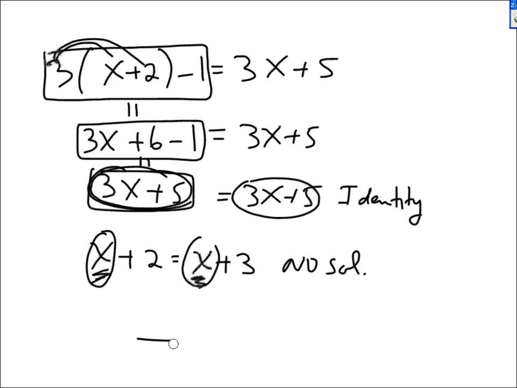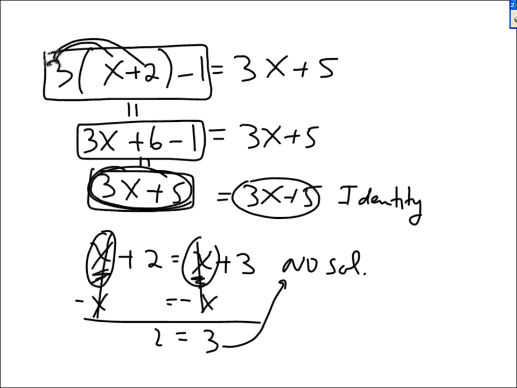If you try to perform some legal algebra on this equation, you're going to get an absurdity. You won't get 9 equals 9, you'll get maybe 9 equals 19. For example, if I just take away x from both sides, I get 2 equals 3. This is no solution.